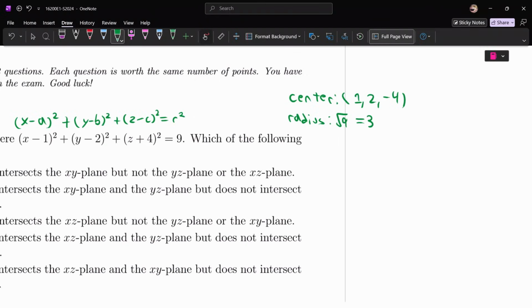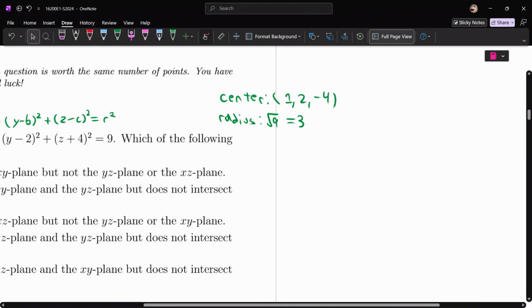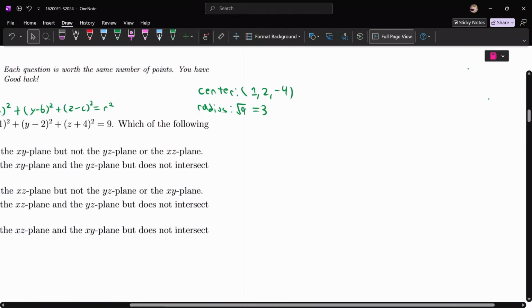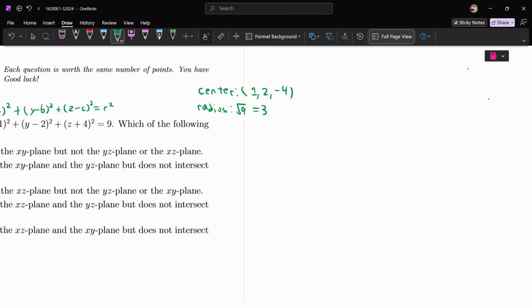And so now this is all we need to figure out whether or not a plane intersects our sphere. The next thing I'm going to do is draw a two-dimensional plane with a circle on it, and then extend that to 3 dimensions to make it make more sense.